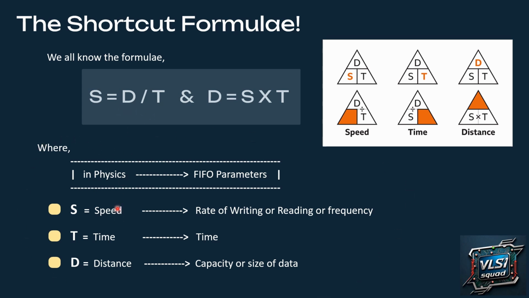Speed means the rate of writing or the rate of reading of the sender or receiver respectively. T is the time in both domains, and D is distance. Here I'm considering distance as the capacity or the size of the data which is being written or read.